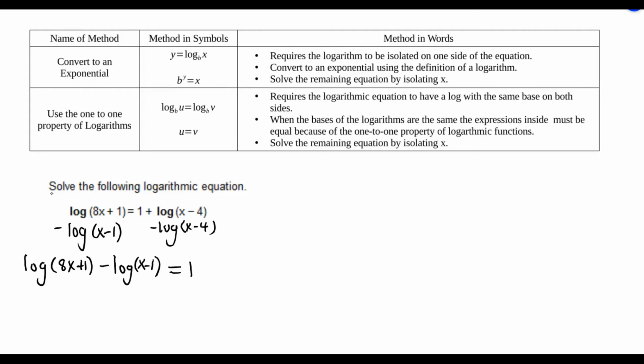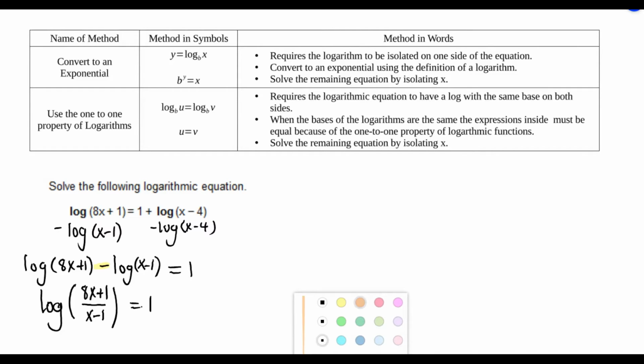Now I'm going to be able to condense these two logs into a single log because they have the same base of 10, or sometimes it's called the common log. Now because it has subtraction, we're going to condense this using what's called the quotient rule. So that gives me log of 8x plus 1 over x minus 1 equals 1.